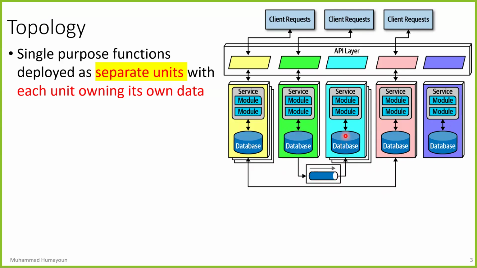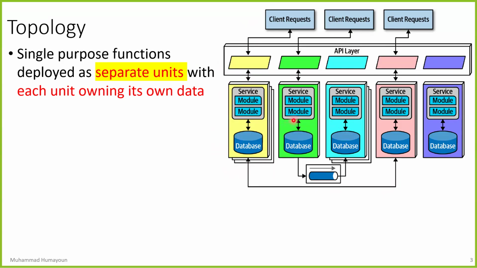Then we can have something like an API layer, which is how the outer world will use these services. These services can be provided through APIs. The API layer can be on top here. So a client request comes in, and let's say it is about customers' demographics. Probably it will go to this service that deals with customer demographics.